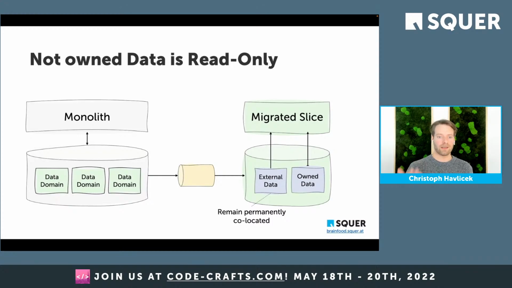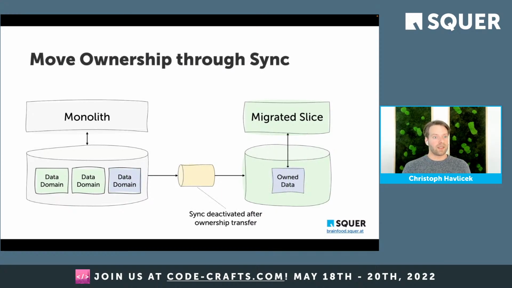So this is not a one-time batch job, but a synchronization pipeline which is running all the time. At the same time, this pattern can be used to transfer the ownership, because the migrated slice is going to replace some features inside the monolith, which means that originally the data owned by the migrated slice is residing in the monolithic database.